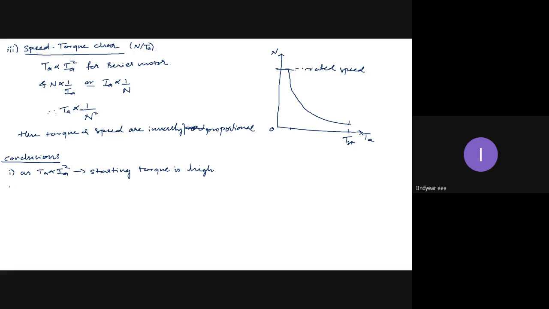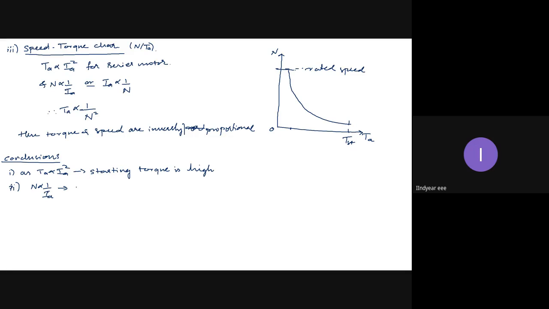Second point, as the speed is inversely proportional to Ia, series motor should not be started with no load, at no load.